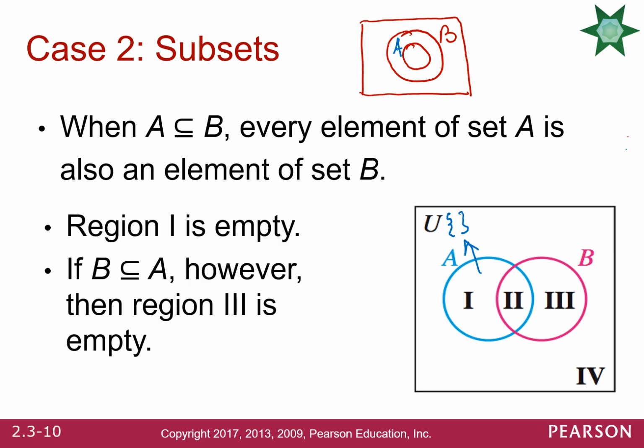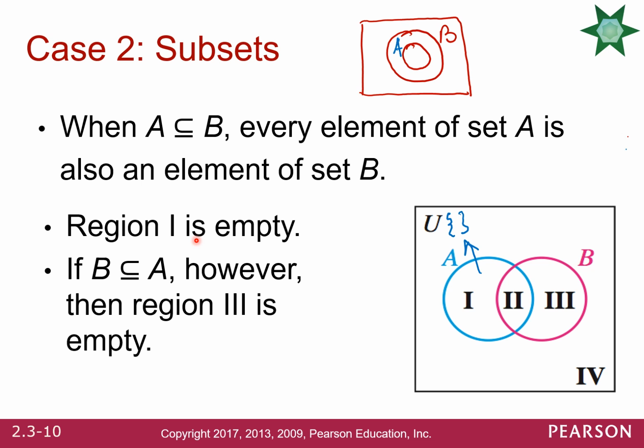So what does it say here? Region 1 is empty when A is a subset of B, but if B were a subset of A, then region 3 would be empty and everything would be between 1 and 2. The intersecting region would have elements of B, and then 1 would have the remainder of the elements.